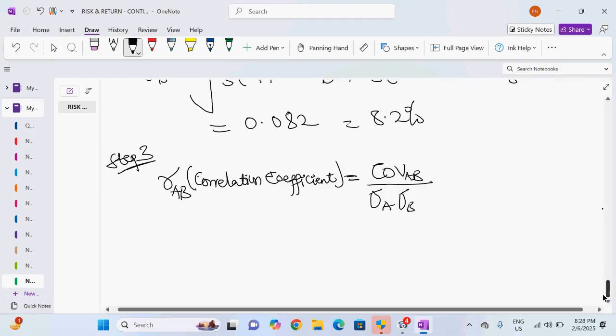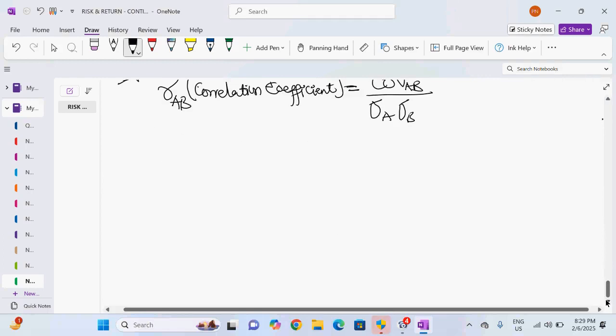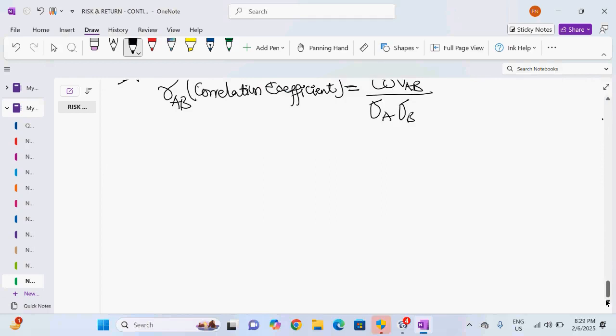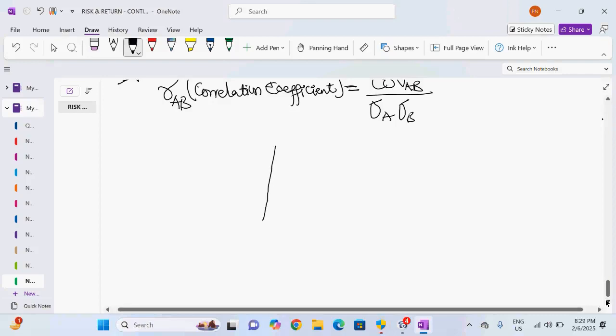So let's get the covariance. Let's try and make it in a table form and see.